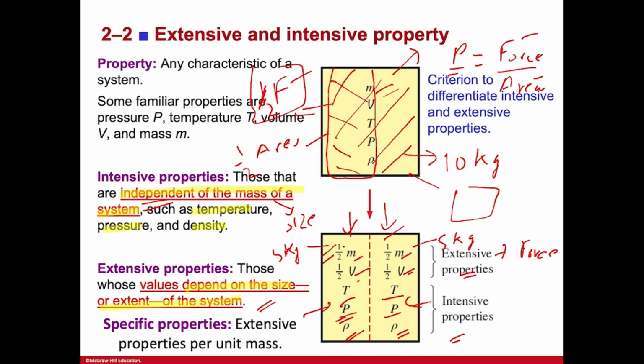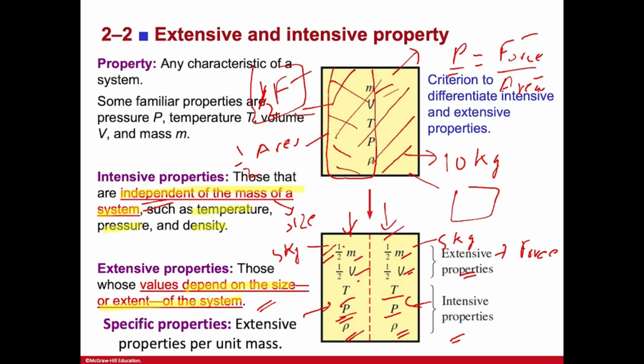If it's density, like what we talked about, that value is not going to change. If I say it's 1 kilogram per meter cubed, it's going to stay 1 kilogram per meter cubed if I double the volume or reduce it by half. So then it's an intensive property. But if you divide it and it gets reduced, then it's an example of an extensive property. Or if it gets multiplied, then it's extensive too.